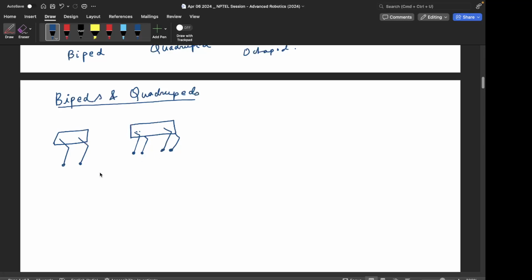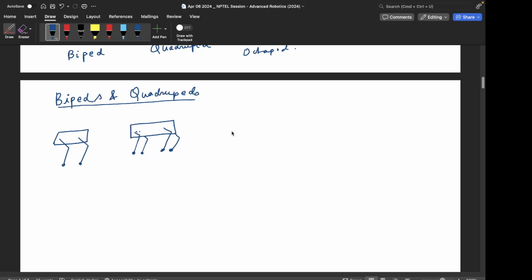Four legs increases the number of joints that we have to control. And here again, one thing to clarify is that humanoid robots are also bipeds, but right now when I just say a biped robot, I mean that we do not have the upper half of the body.